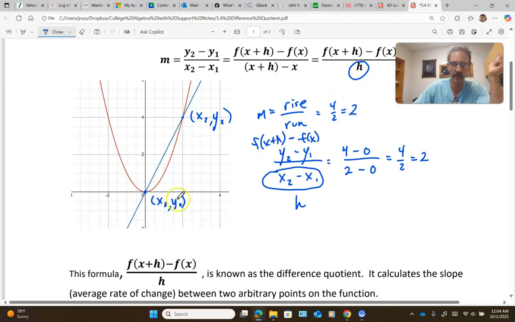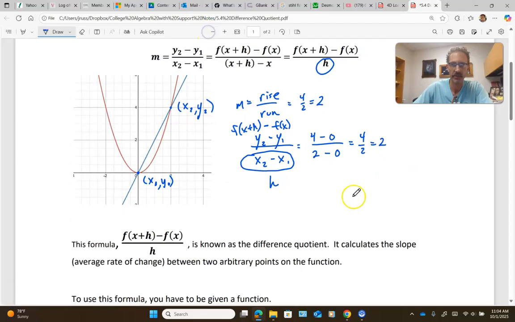Now in this example, h was 2. The horizontal difference between these 2 points is 2. The x coordinate of this first point was 0, so you'd be finding f of 0. That would give you your y1, and then 0 plus 2 would be 2, f of 2. That would give you your y2, or 4 in other words. And so that's how we derive this difference quotient right here. Let me zoom out for a second.